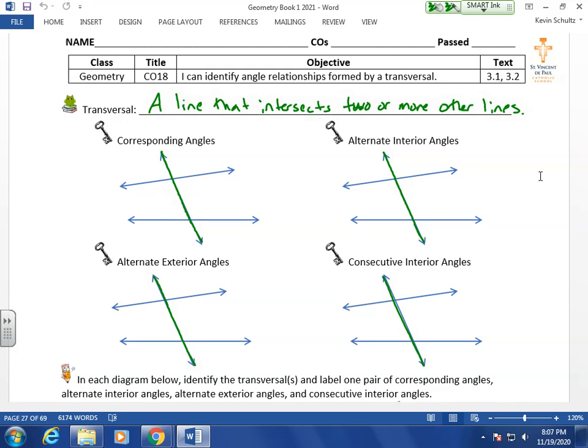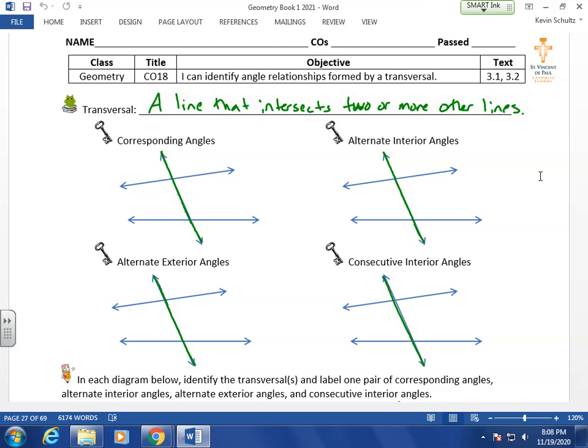Here they are not. So today we're not focusing so much on the relationships with parallel lines versus just what the different relationships are called. So more of the what and not so much the how or the why. Today is kind of a what day, okay? So what are corresponding angles?